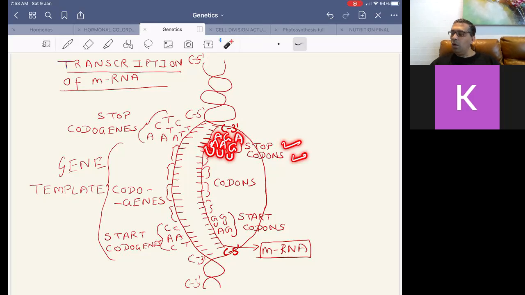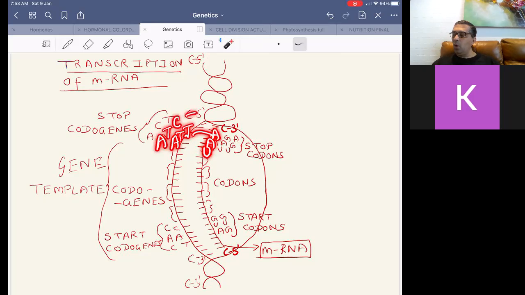So which are the stop codons? UAA or UAG or UGA. So there will also be complementary stop codogenes. Which are the stop codogenes? ATT is the stop codogene which will code for UAA, or ATC will code for UAG, or ACT will code for UGA.